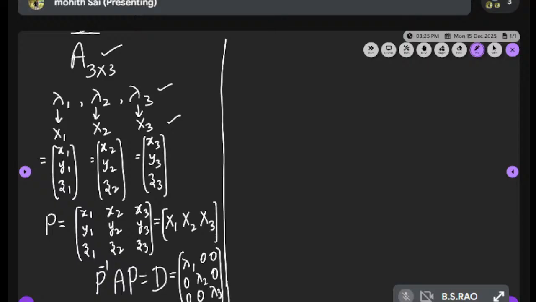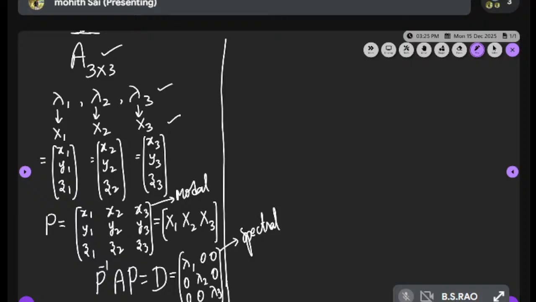This matrix P is known as the modal matrix. The obtained diagonal matrix D is known as the spectral matrix. That is the use, the utilization, of the eigenvectors.